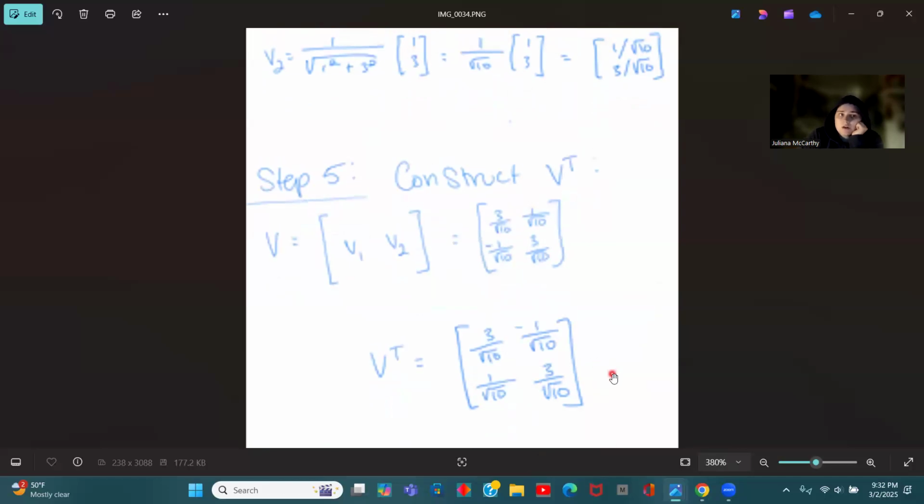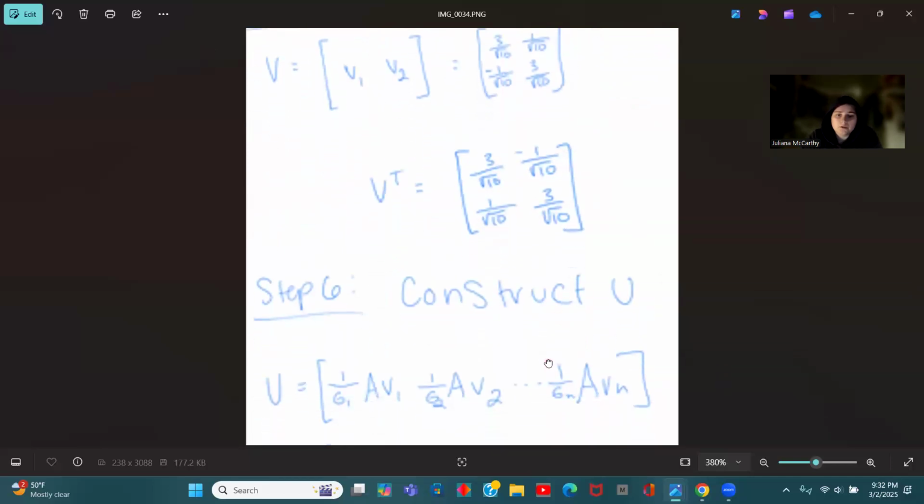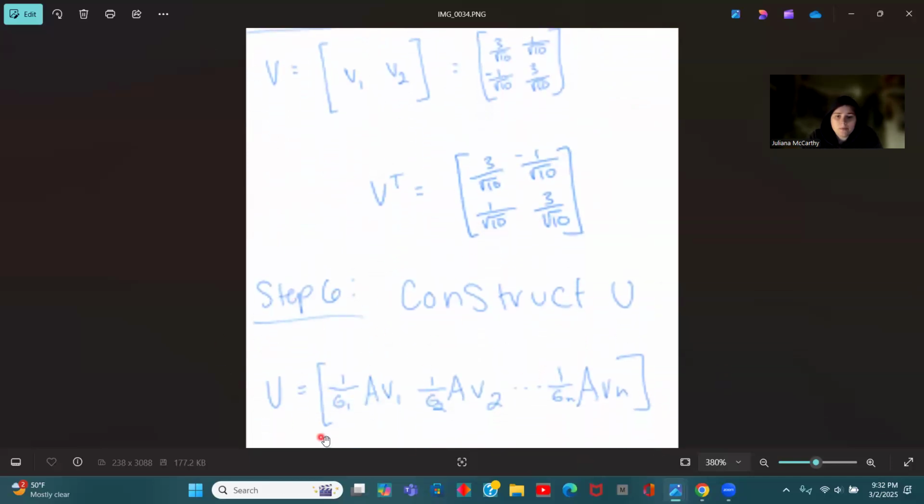So now from the equation A equals U times sigma times V transpose, we found 2 out of 3 of the components. So now we're left with finding U, and that's what we're going to do next. This is how I find U. We have our first vector, second vector, and we have our singular values, which are these.